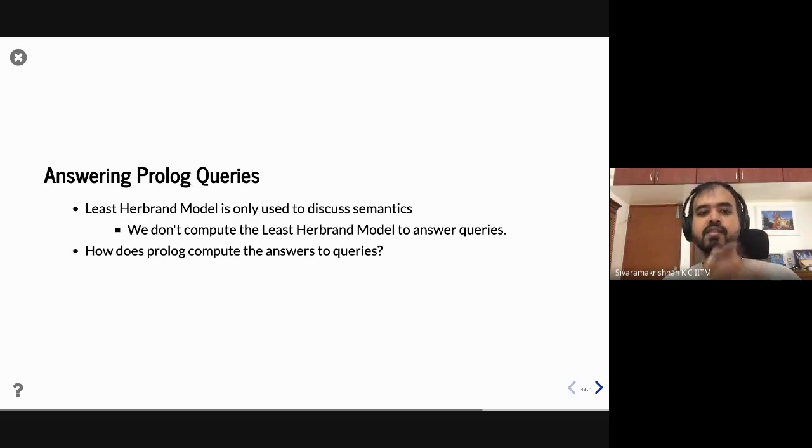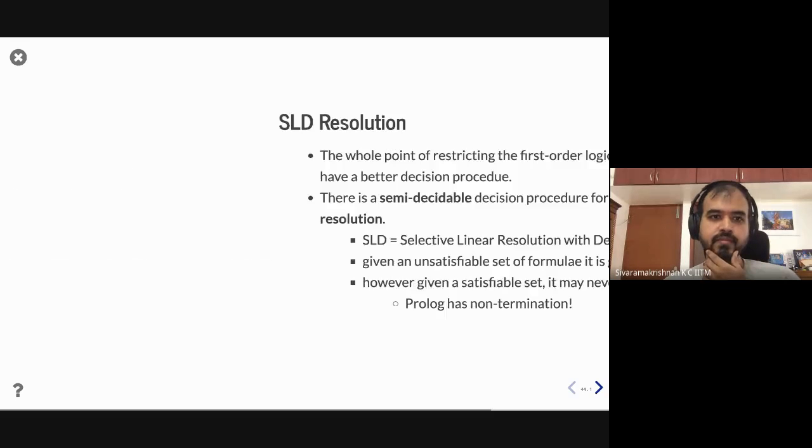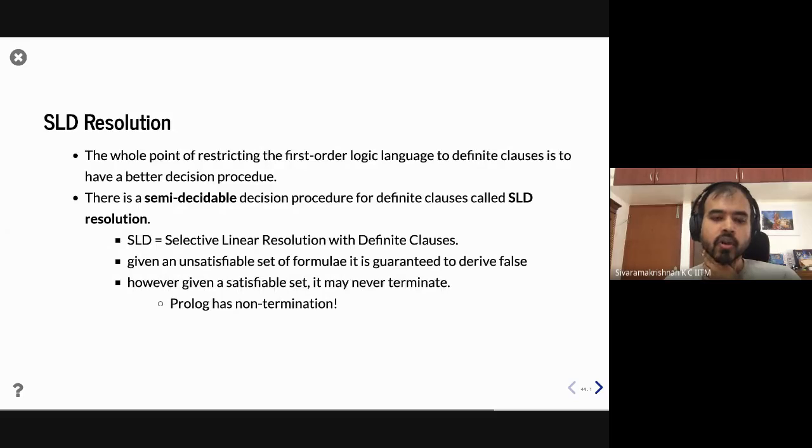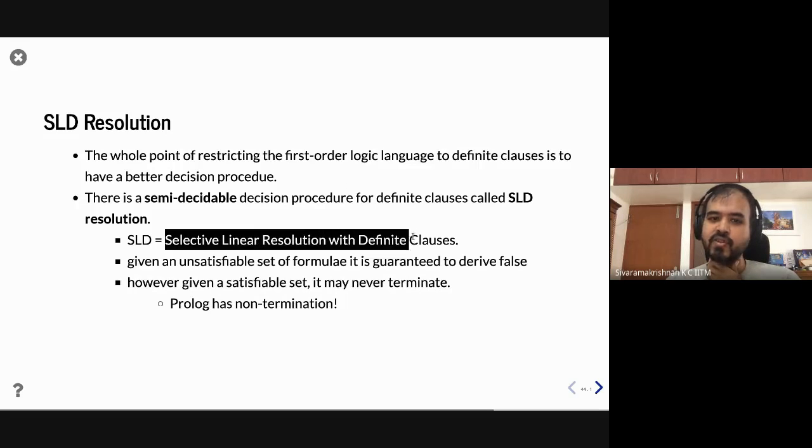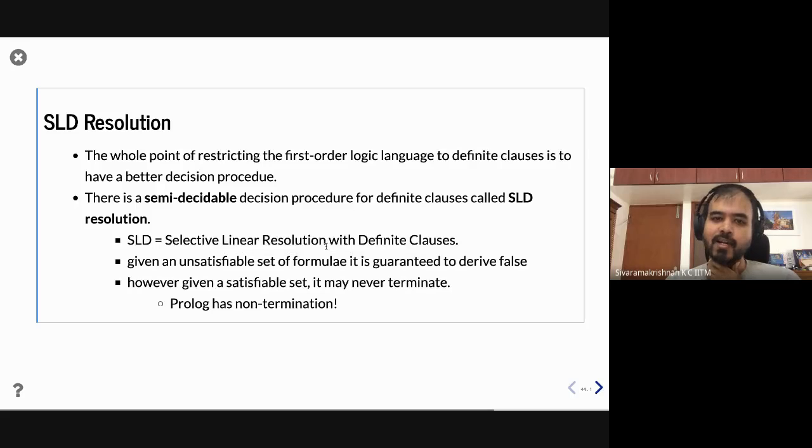But here is a 10-minute intro to how Prolog works. The core of how Prolog works is this algorithm known as SLD resolution. SLD stands for selective linear resolution with definite clauses.